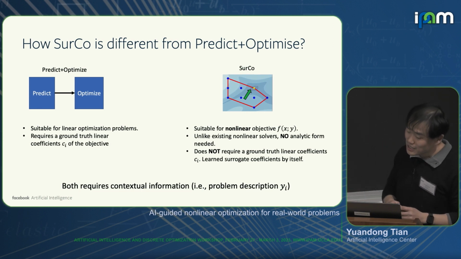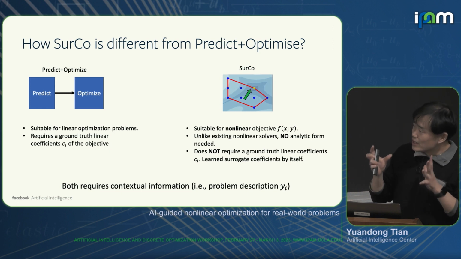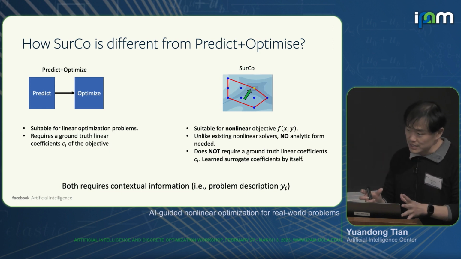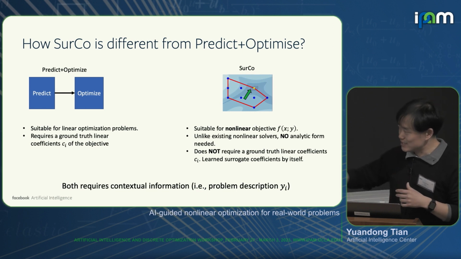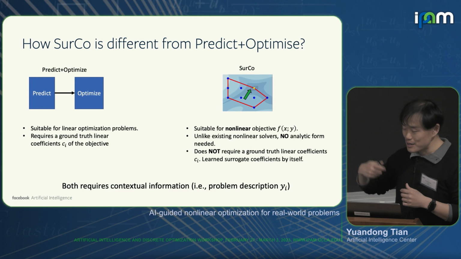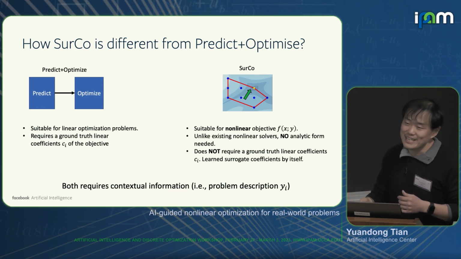That's basically the benefit. And in our case, we are suitable for nonlinear objectives, and that nonlinear objective only needs to be differentiable. So as long as you get a gradient, you can try this approach. There's no need for any analytical form for that nonlinear objective.